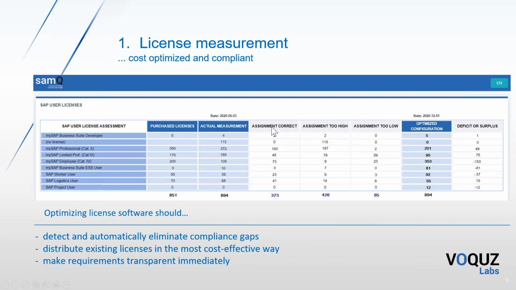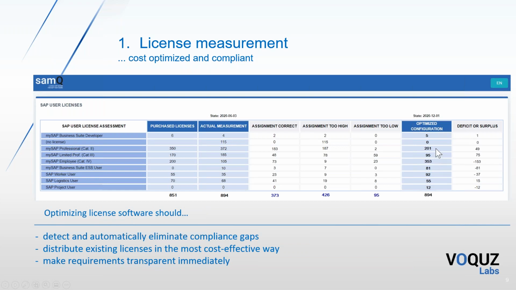So this is why we show today in a tool like ours which persons have a correct license assignment, which ones have a too high license assignment, which ones have a too low license assignment, and what the optimized configuration would look like. So this is what you have in your SAP license audit workbench, the actual measurement.